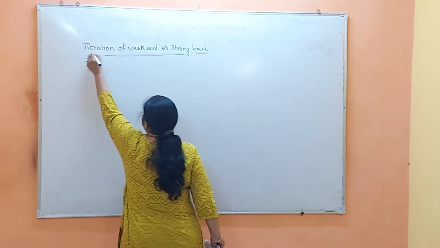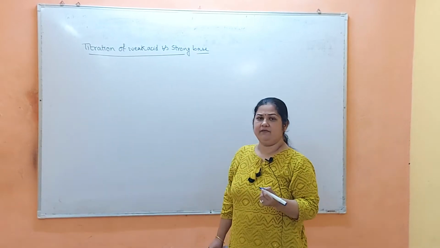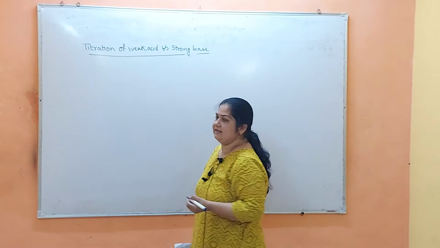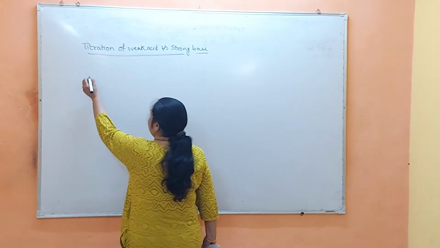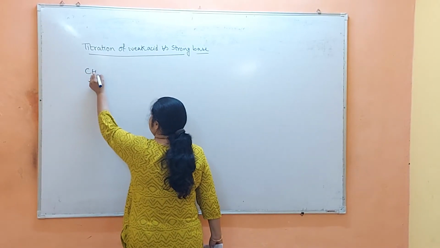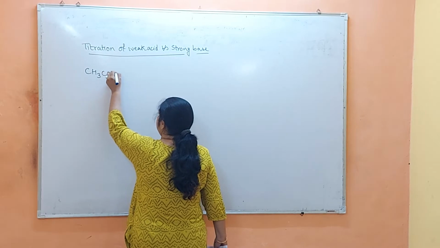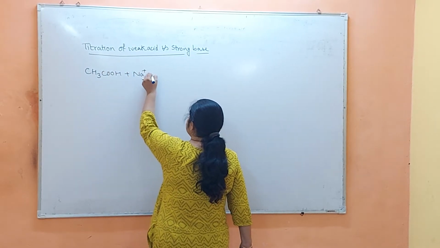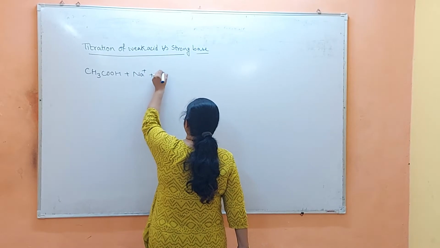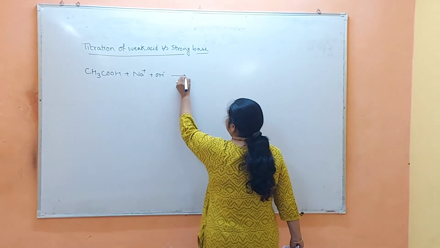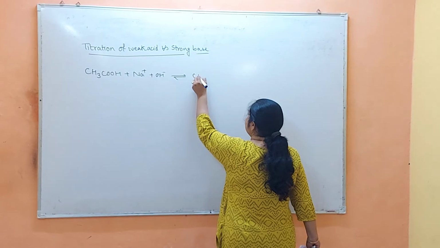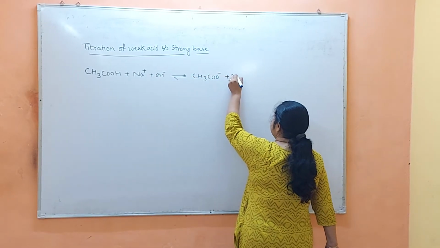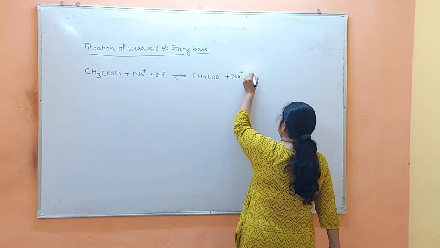Here we will consider the very common example of weak acid as acetic acid and strong base as NaOH. So we can write the reaction as CH3COOH plus, I'll write in ionic form, NaOH as Na+ OH-, will give you CH3COO- Na+ plus H2O.